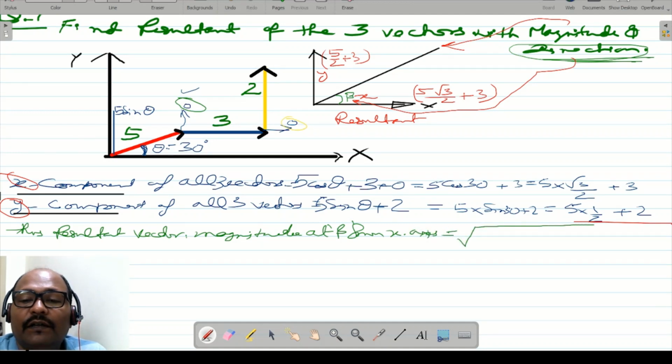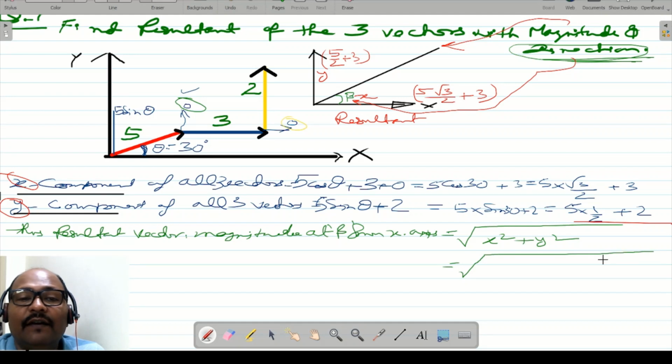Root under x square plus y square. That is equal to, what is the value of x? We have just calculated the vector component, the x component. What is that? That is 5 by plus 3.